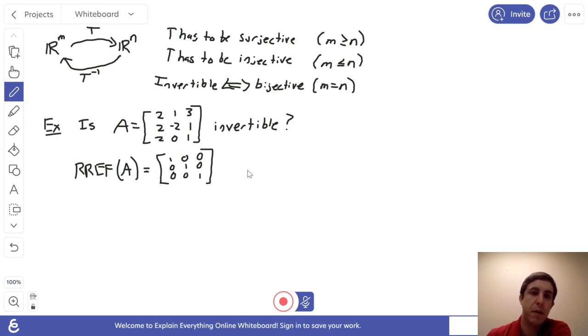In particular, we have a pivot in every column, so our map is injective, and we have a pivot in every row, so our map is surjective. So our linear map is bijective, so our matrix A is invertible.